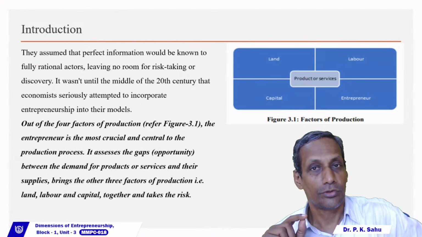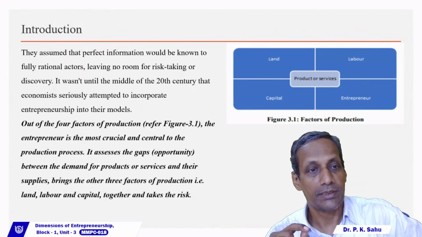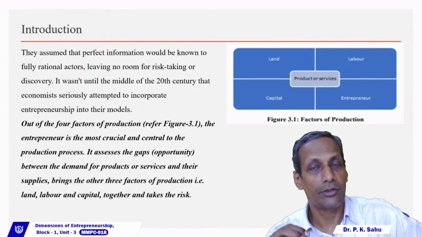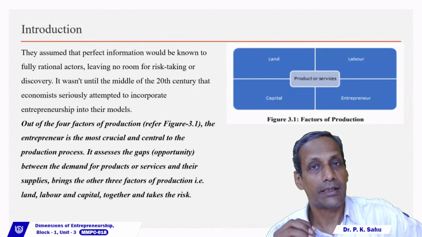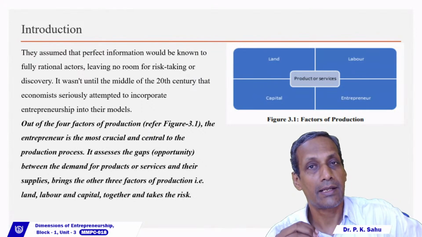So, to sum this up, you should know that out of the four factors of production, the entrepreneur is the most crucial and central to the production process. It assesses the gaps or the opportunities between the demand of products and services and their supplies. It brings the other three factors of production, that is land, labor, and capital, together and takes the risk.